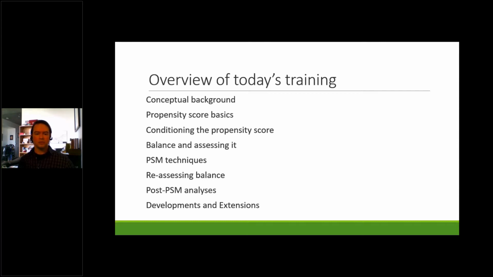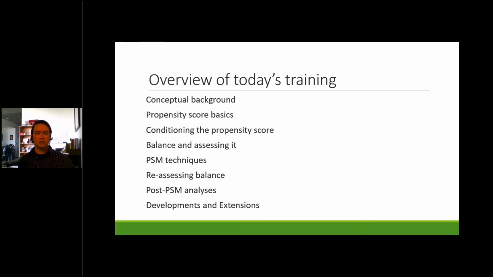Then we'll move into discussing some of the balance approaches, or how balance is measured and how to assess it. Following that, we will discuss some of the more common approaches to employing PSM, such as matching, stratification, and weighting. And I will then touch on the need to reassess the balance to know when you're actually successful when using PSM.